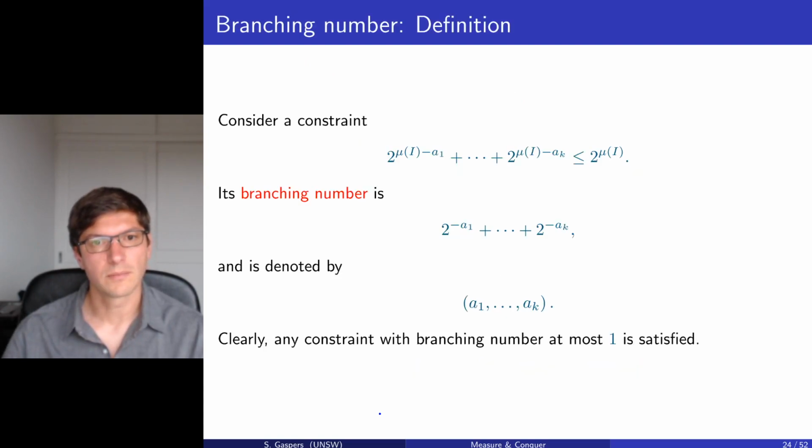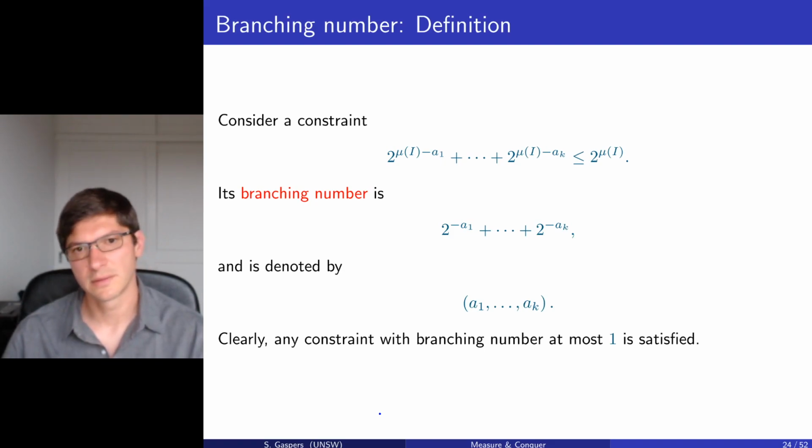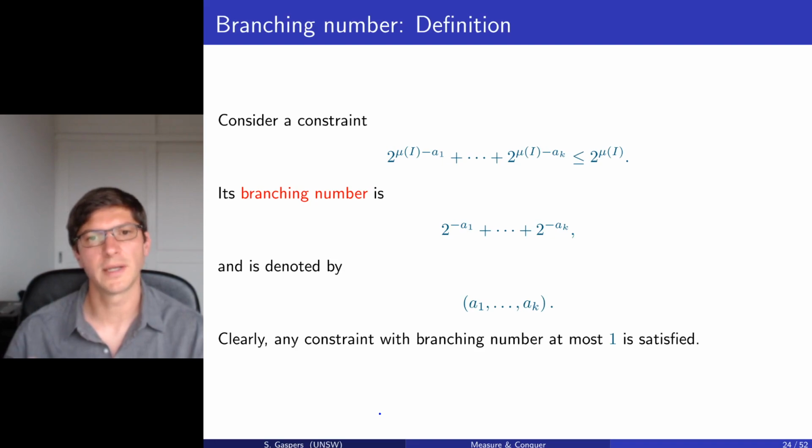Now the size of the search tree really depends a lot on how much we decrease this measure mu. Let's say we decrease it by a1 in the first branch, a2 in the second branch, etc., and ak in the kth branch.